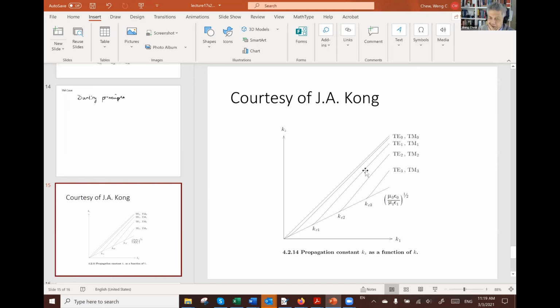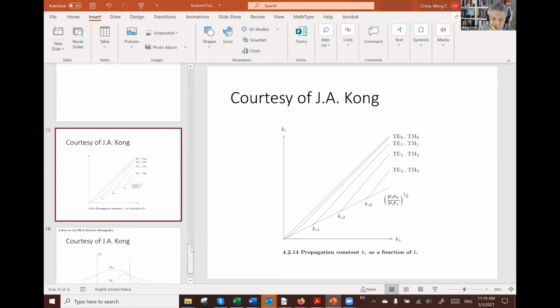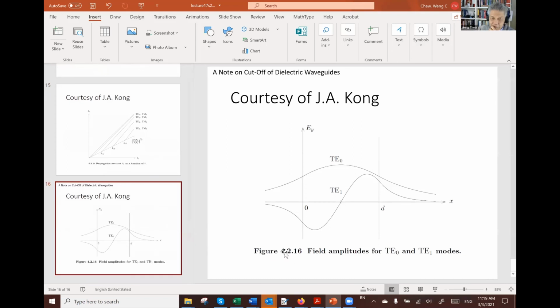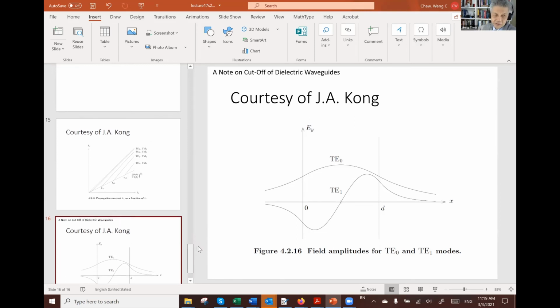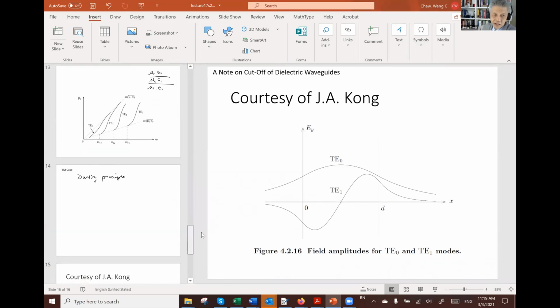Whereas if you increase the frequency, the group and phase velocity approach that of the core, the innermost region. And the plot of the guided modes will look something like this. You have odd modes and you have even modes. All this will be written out in great detail in the lecture notes. So are there any questions before we end today's lecture?